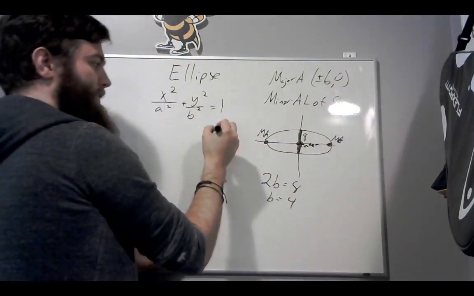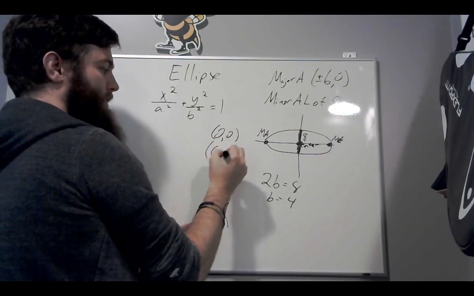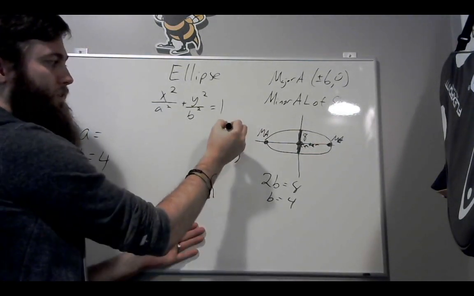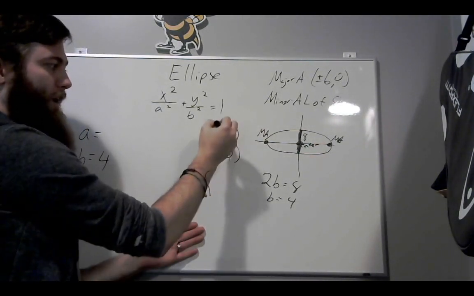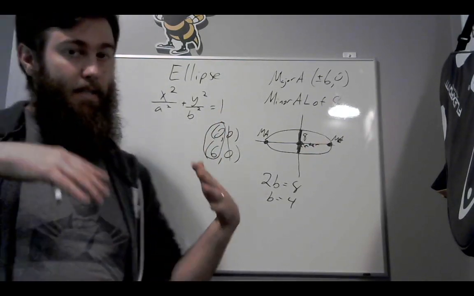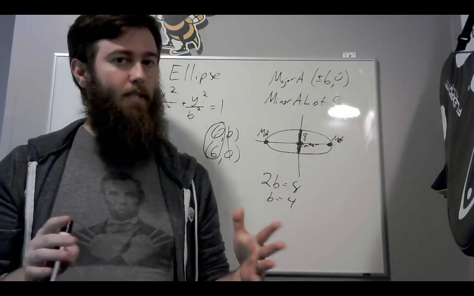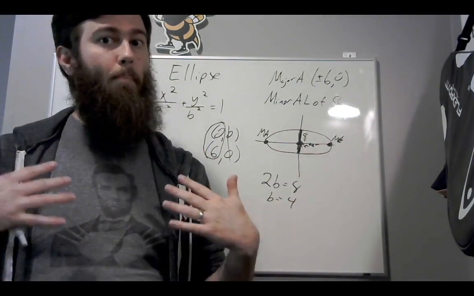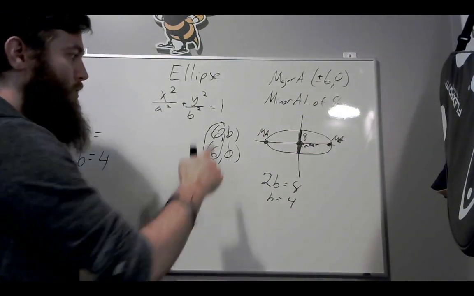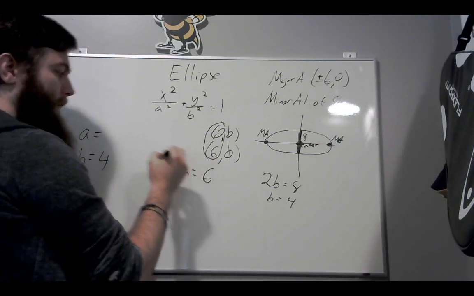So we can just find the distance between the center at 0, 0 and, let's say, 6, 0. These zeros are the same, so they don't matter. I'm only trying to find the distance between 6 and 0. Distance is always positive, so if you had chosen negative 6 instead, just make it a positive distance. So the distance between 0 and 6 is just 6. So that means my A equals 6.